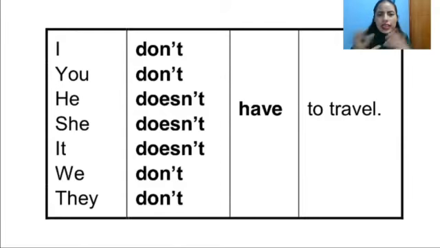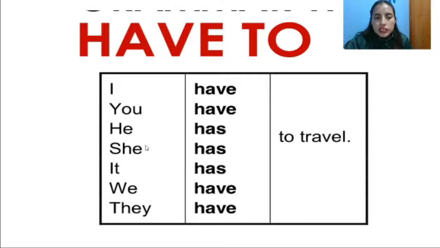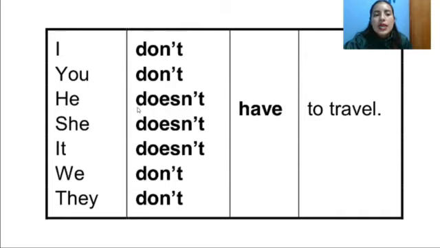Okay, now in negative, you have to use the auxiliar do and does. But in negative, don't and doesn't. Para la negativa ocupamos los auxiliares don't, doesn't. Remember, with he, she, and it, the third person, you have to use doesn't.